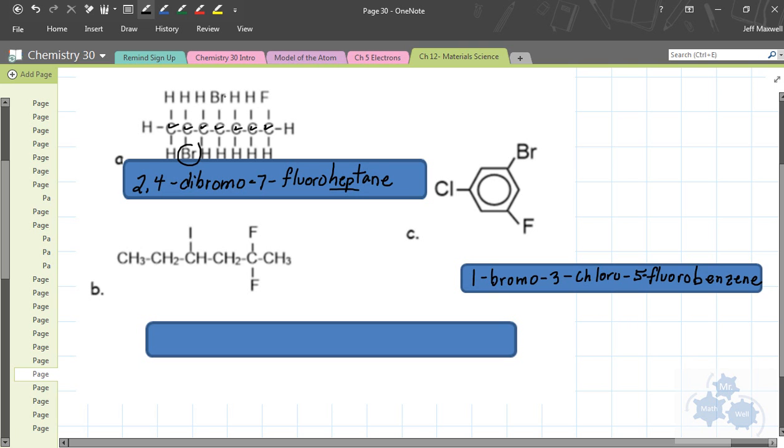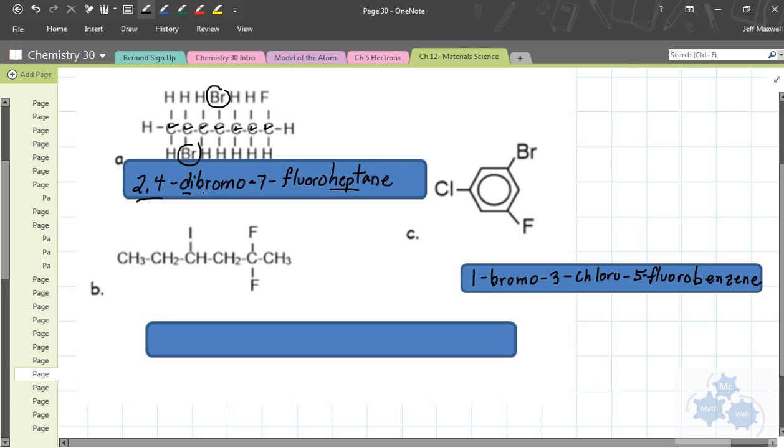We have to start with bromine because it's the first one to appear alphabetically, the first word. And so we have to have the lowest numbers for bromine. We cannot count 1, 2, 3, 4, 7 bromine, or 4, 6 bromine. We can't do that. We have to go 2, 4. There are two bromines, so if you have two numbers listed here, you have to have a di.